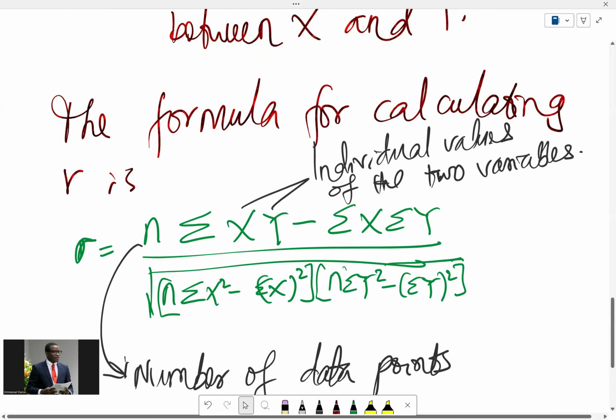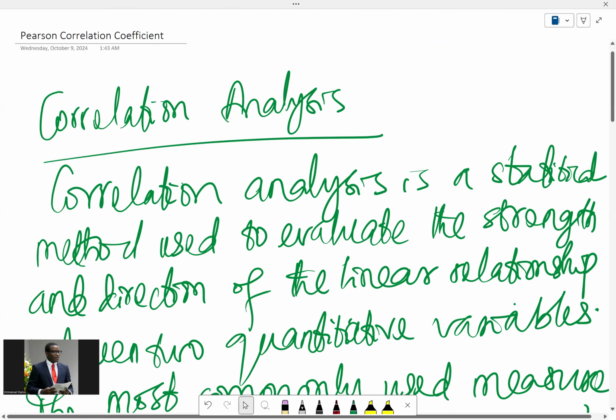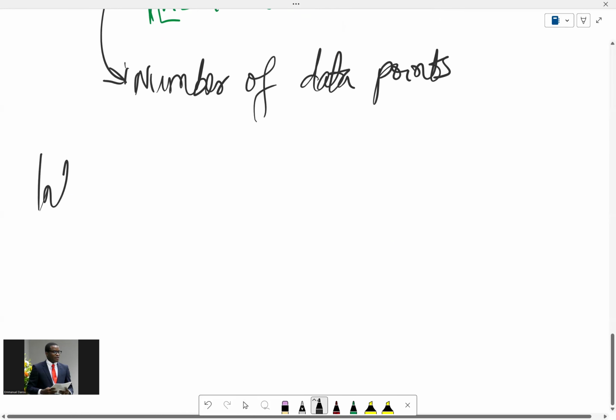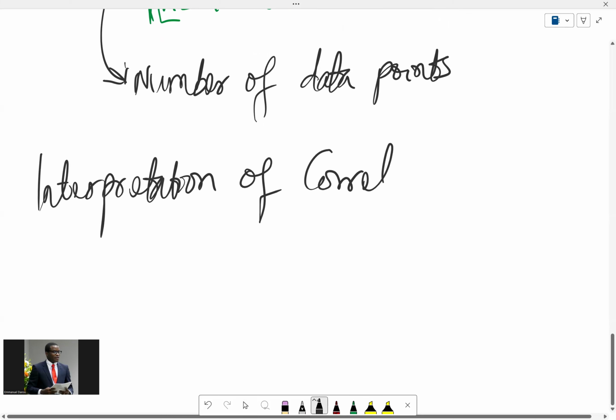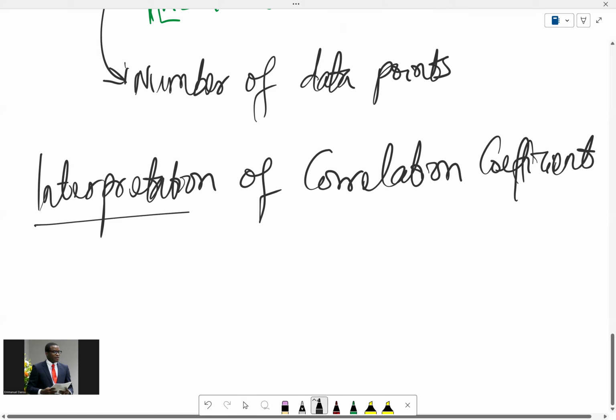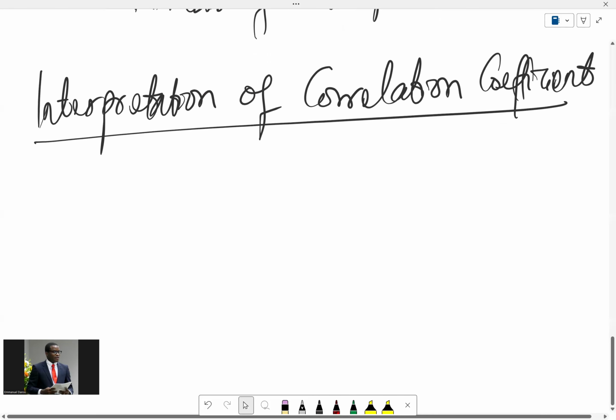Now let's talk about the interpretation of the correlation coefficient. It happens in terms of magnitude and sign.